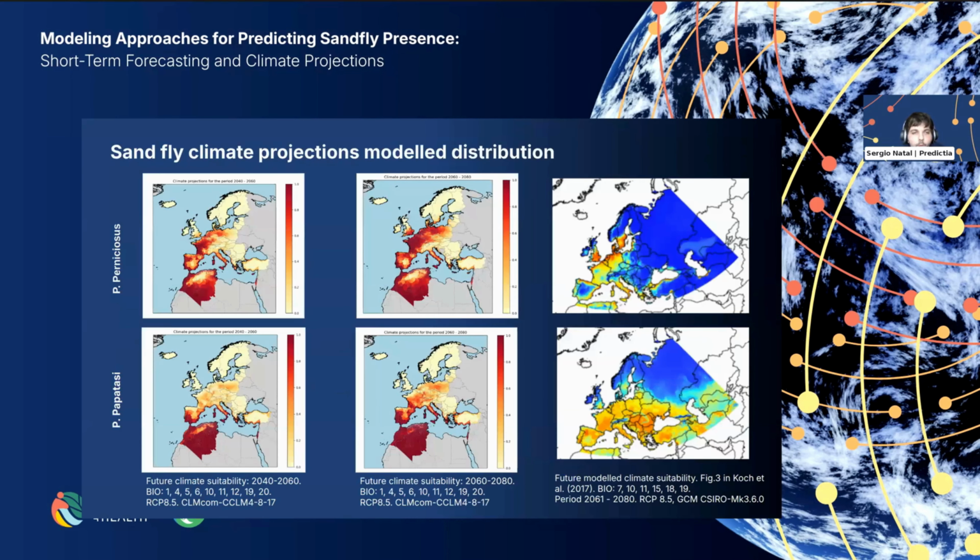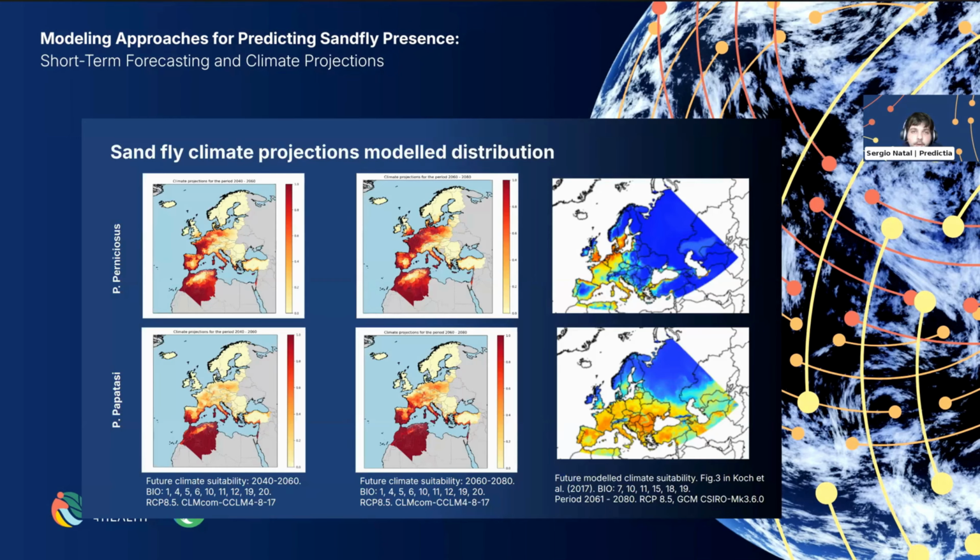Here we can see three different panels. The first two panels are from the results from our models, and the third panel is a comparison with the existing literature.